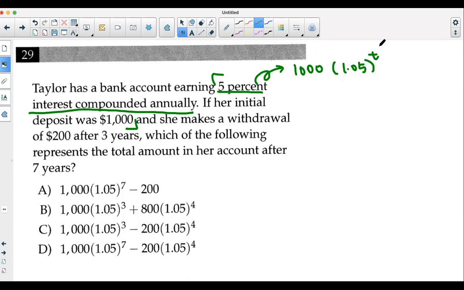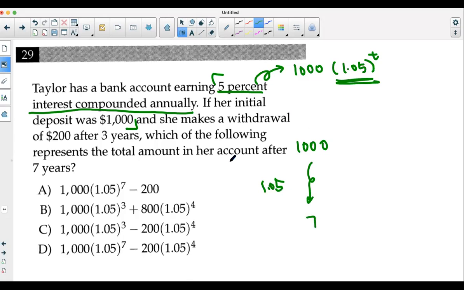But she makes a withdrawal of $200 after 3 years. Which of the following represents the total amount in her account after 7 years? Right? So then, what's actually happening? All right. Did you realize that initial $1,000 would have increased at this rate for 7 years?